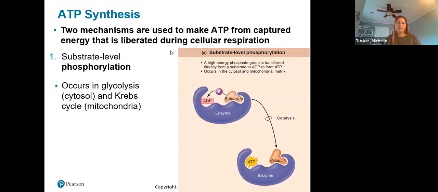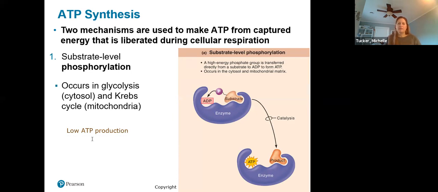There are 2 mechanisms that are used to make ATP. One is called substrate level phosphorylation, and it is going to result in low ATP production. It's kind of like a crude mechanism to form ATP.